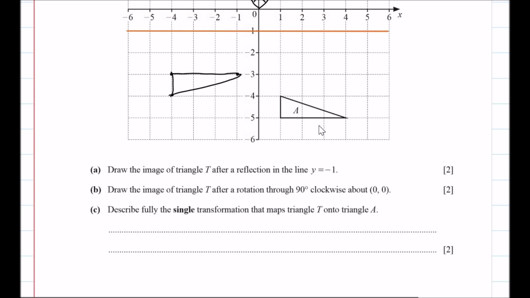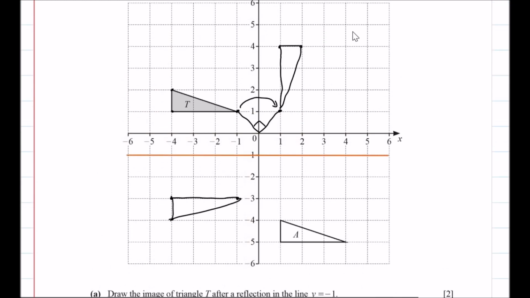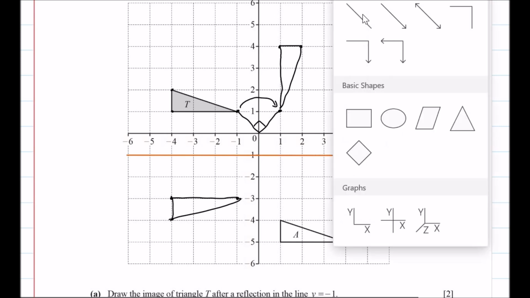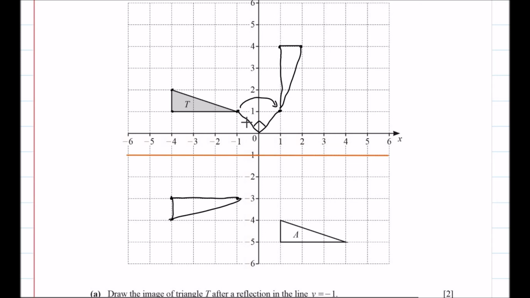It says, describe fully the single transformation that maps triangle T onto triangle A. T to A, if you see what is happening. You can identify easily that there is a translation involved here.